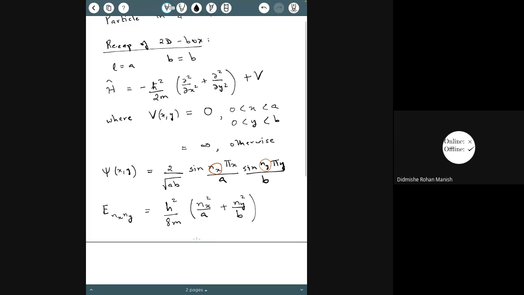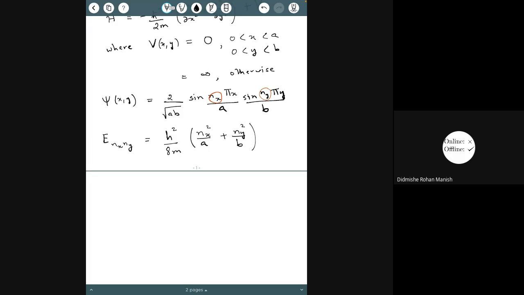Okay. Now here we are asking a question. Can we have the same energy corresponding to different wave functions? Or let's say, can energies of different wave functions be equal?